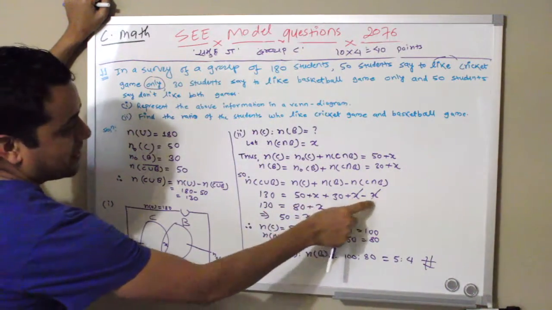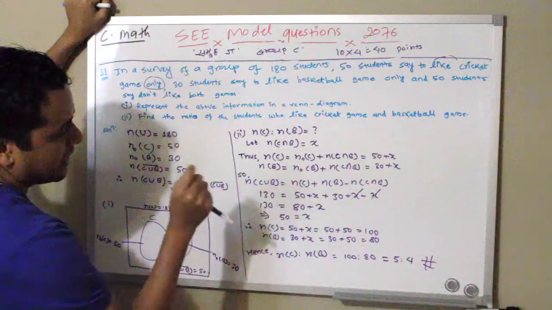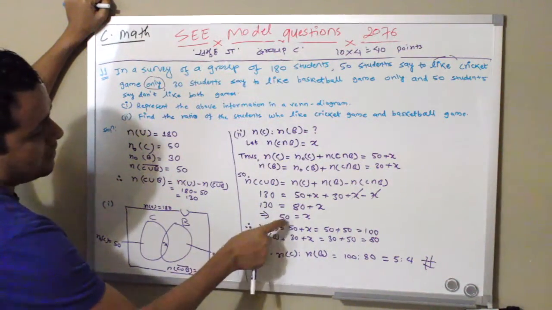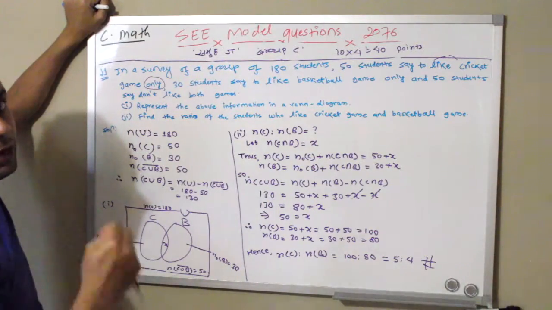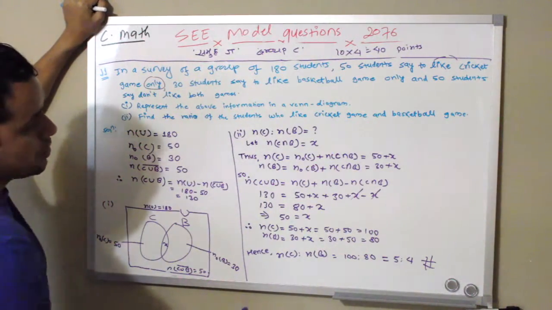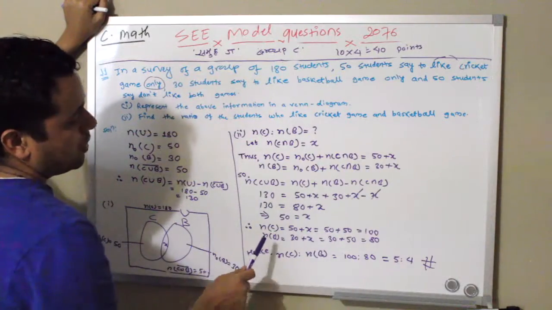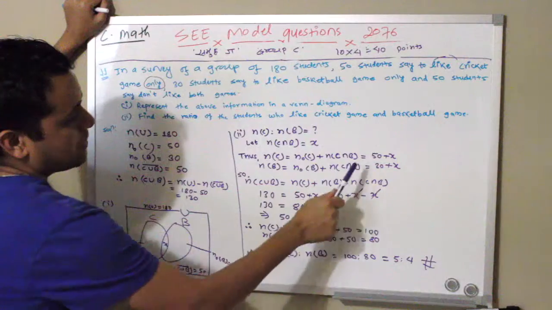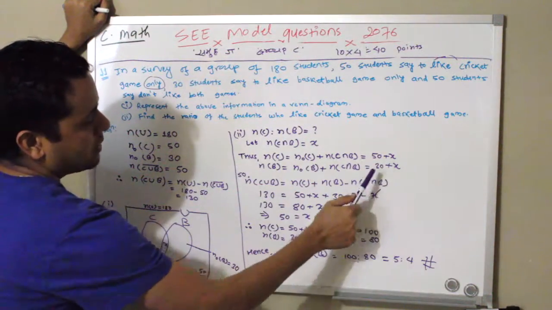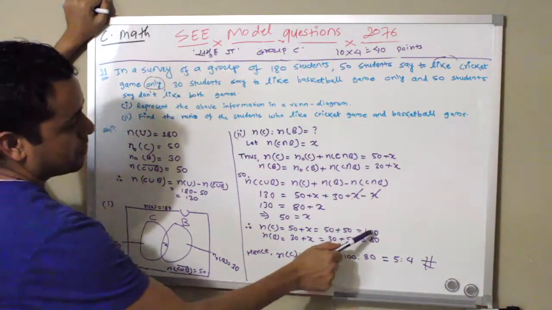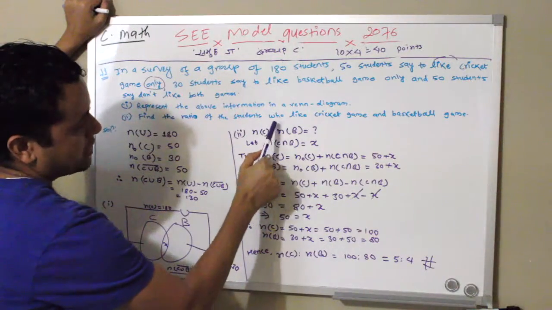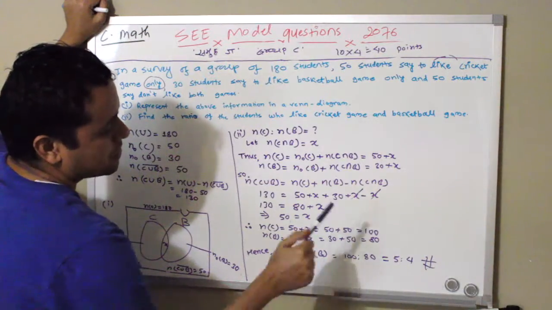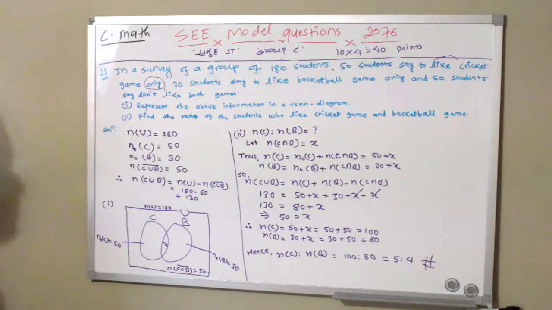When you simplify, X cancels, 30 plus 50 is 80, so 130 minus 80 is 50, equals X. Now you have the value of X. Substitute back: nC is 50 plus 50, which is 100. nB is 30 plus 50, which is 80. Now substitute that in the ratio. This is 100 to 80, and if you cancel by 20, this would be 20 times 5 to 20 times 4, so 5 to 4, which is your answer. Thank you.